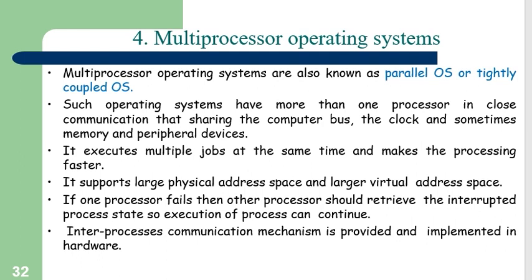It executes multiple jobs at the same time and makes the processing faster. It supports large physical address space and large virtual address space. If one processor fails, then the other processor should retrieve the interrupted process state, so the execution of the process can continue. Inter-process communication mechanism is provided and implemented in hardware.